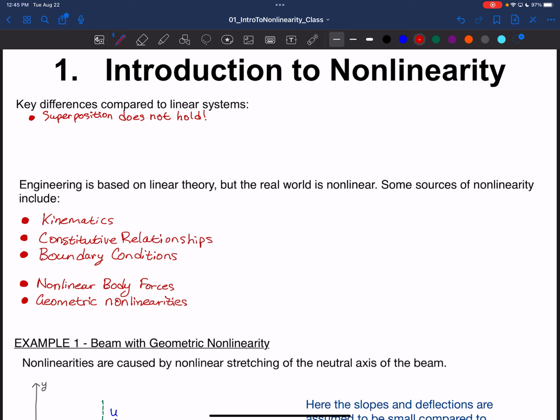What else? We'll also find that multiple solutions can exist for the same conditions.